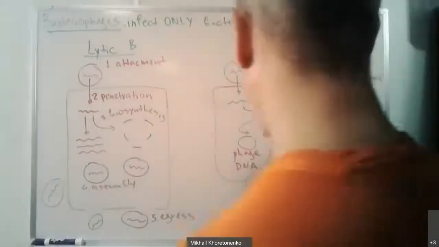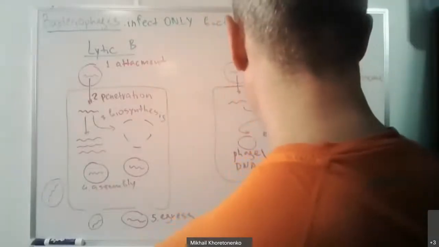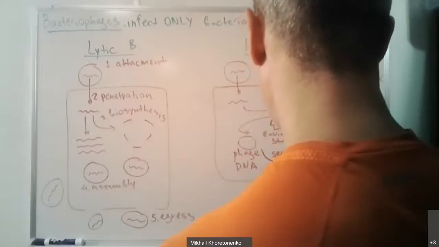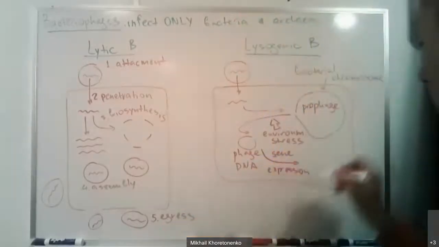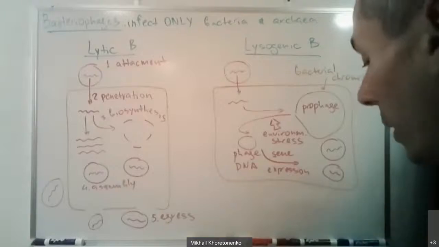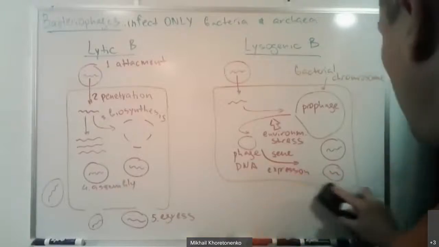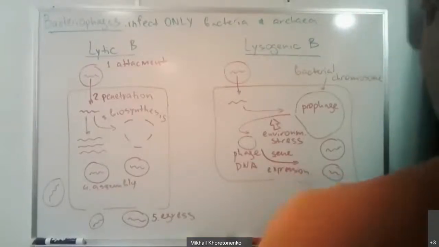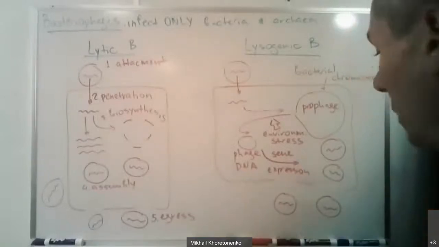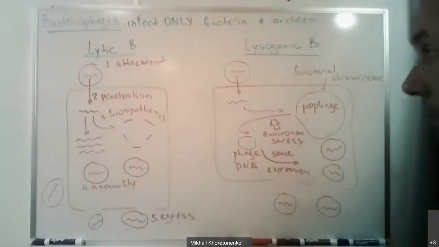Genes are being expressed, which leads to the assembly of phage particles and their release from the cell in the environment. Does that make sense?